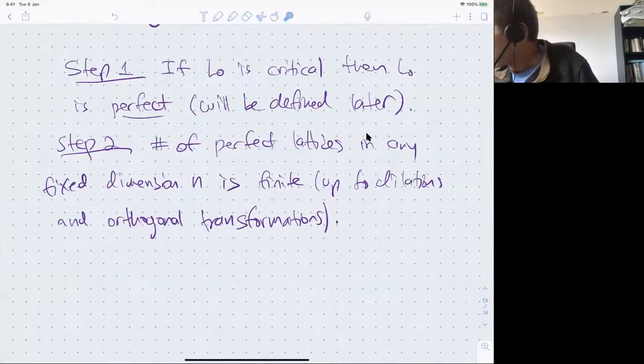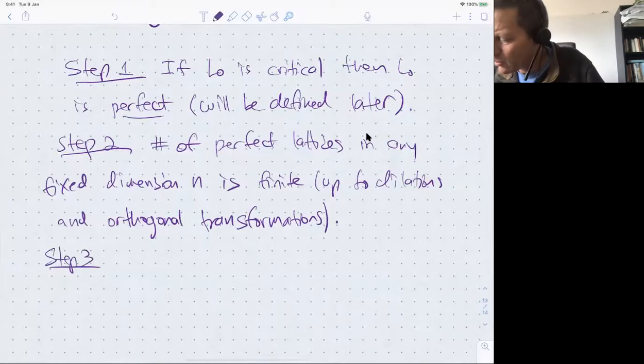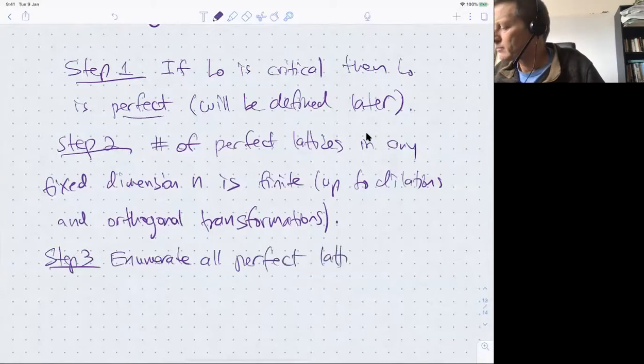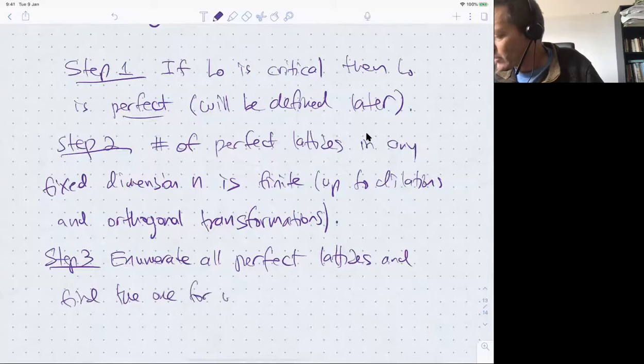Okay, step 3, you have a finite list of candidates, and you just enumerate all of them and find the one for which this quantity is maximal.